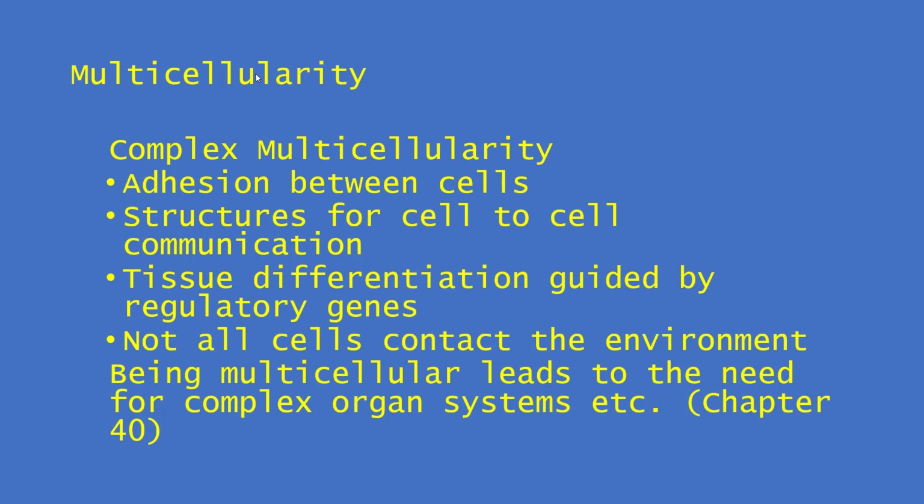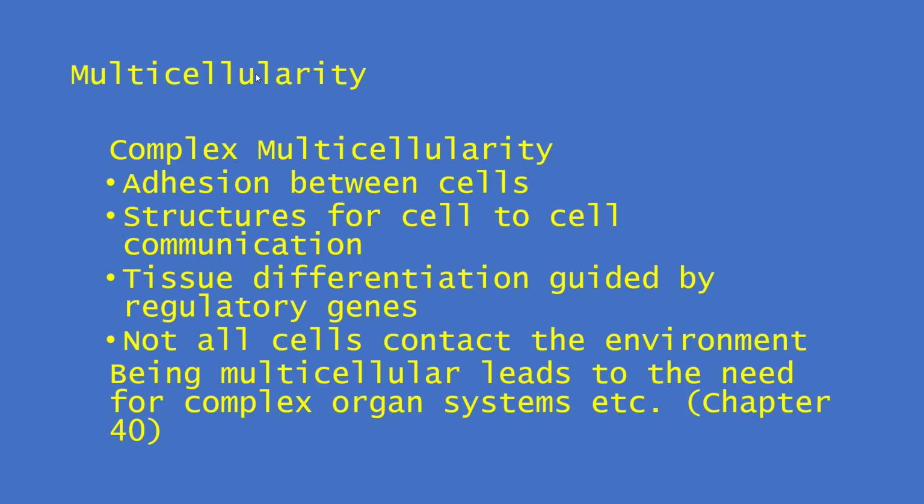So in complex multicellularity, you have cells that have different jobs. They develop into tissues, and those tissues might develop into organs. So you have cells that are specialized and tissues that are specialized in their tasks. Every cell is not identical like in a simple multicellular organism. And a lot of times in these organisms, not all cells are in direct contact with the environment.